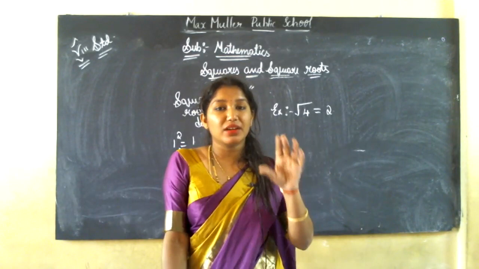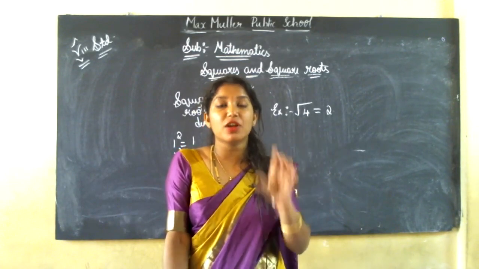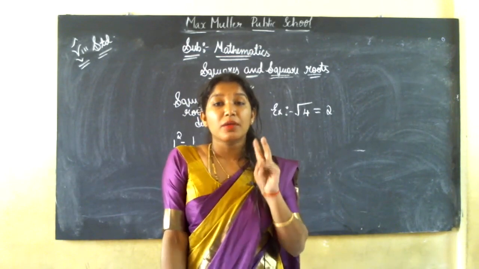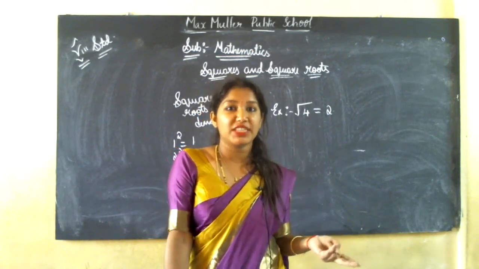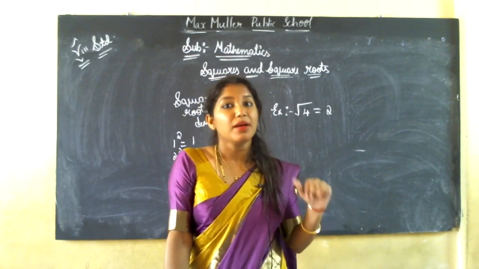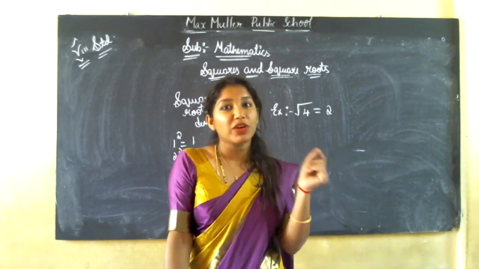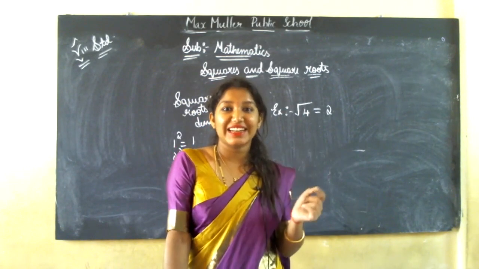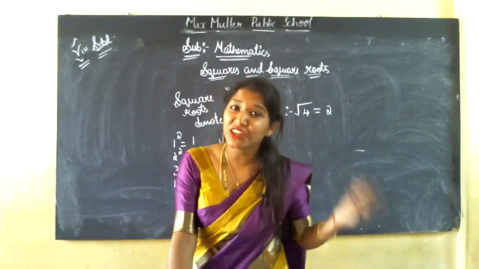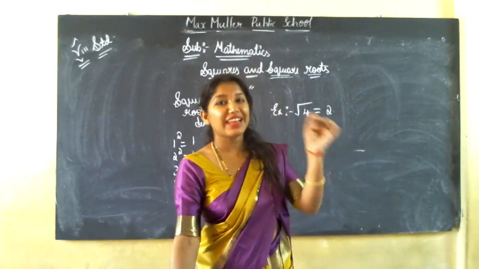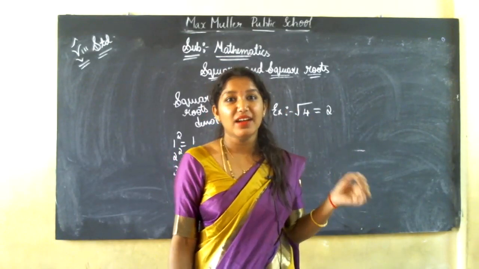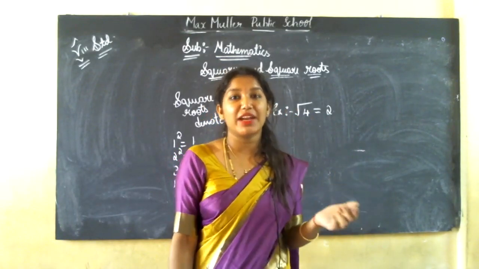But for the test portions, playing with numbers and algebraic identities, these two from the new book you have to study, okay? I'll be giving you the worksheet also, but that is not so important. These concepts are coming under the test FA1.